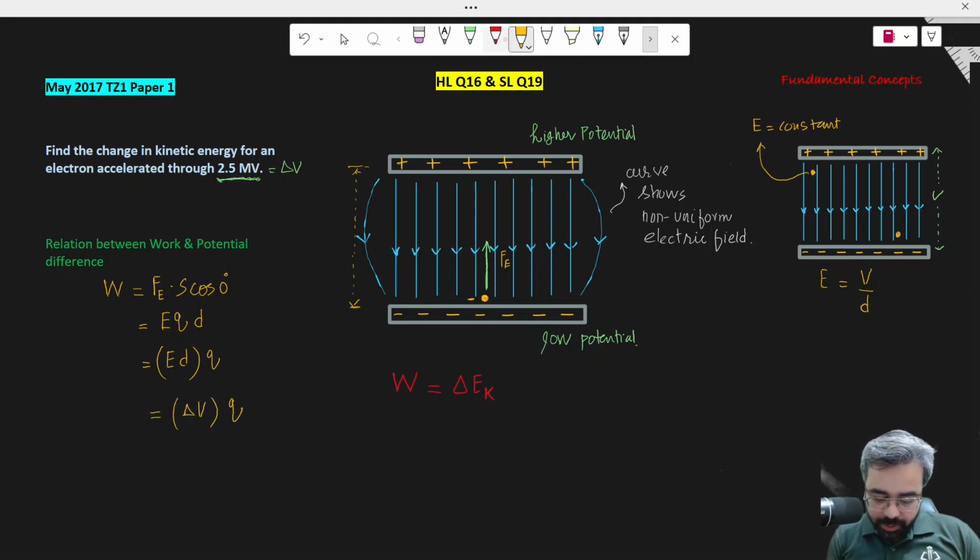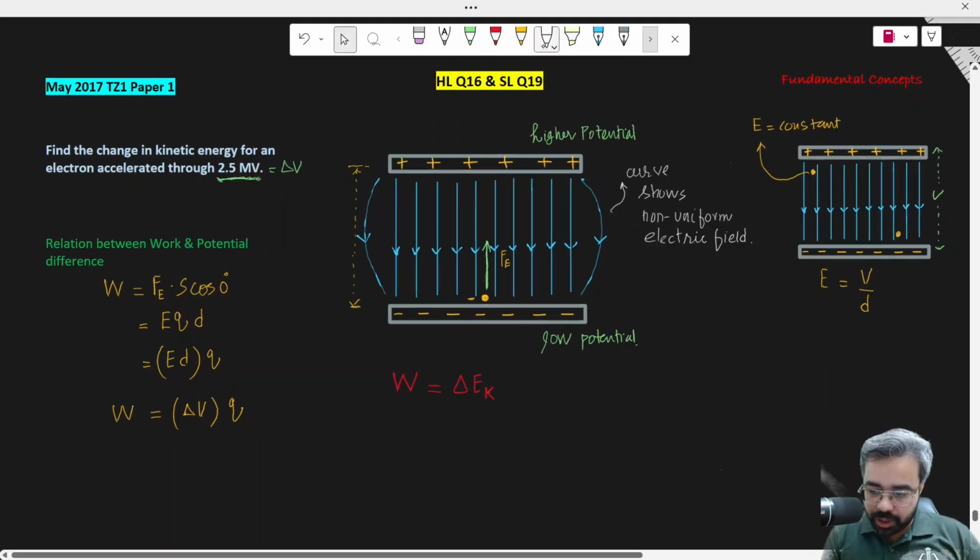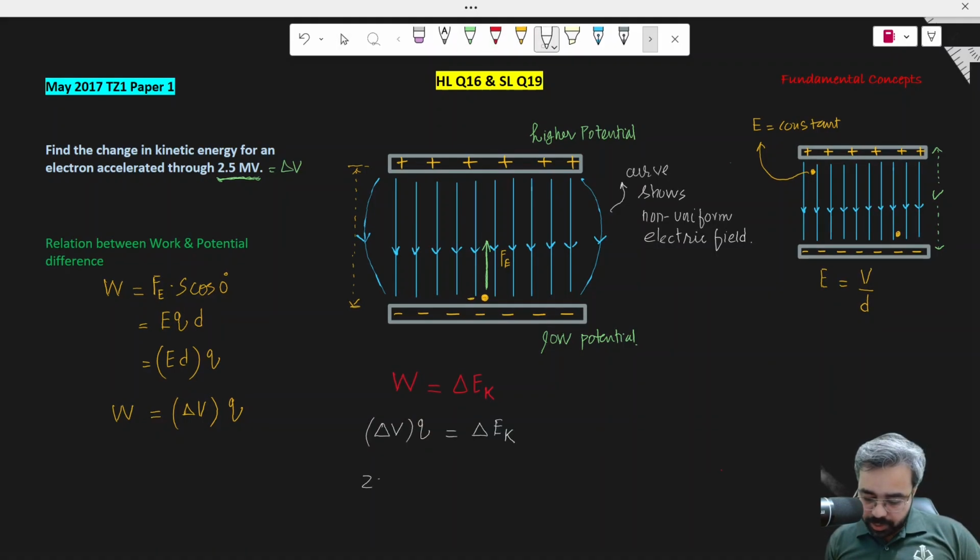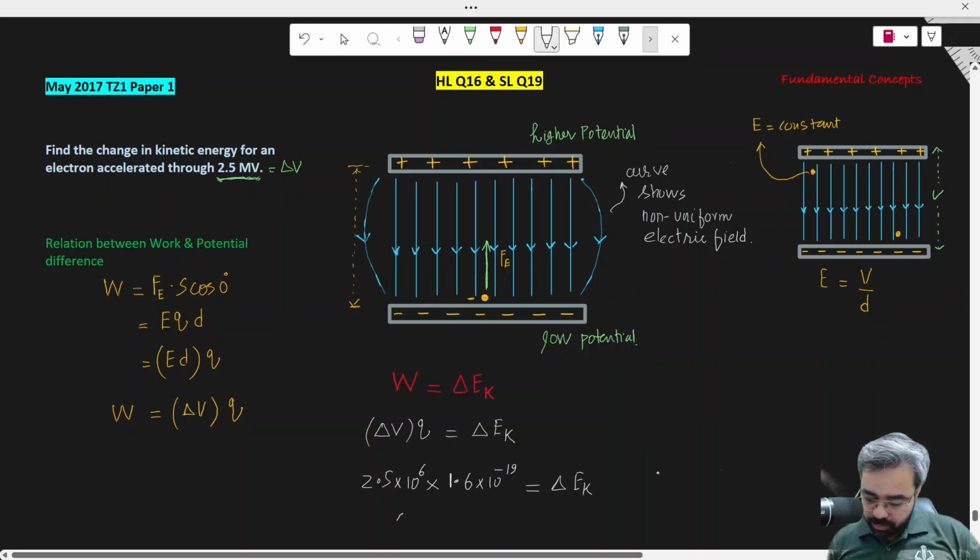So it means that the work done in that region is always equal to the potential difference times the charge. So we are going to use exactly this here. It is 2.5 multiplied by 10 to the power 6 times 1.6 times 10 to the power negative 19, equal to the change in kinetic energy, and that will be 4 multiplied by 10 to the power negative 13 joules.